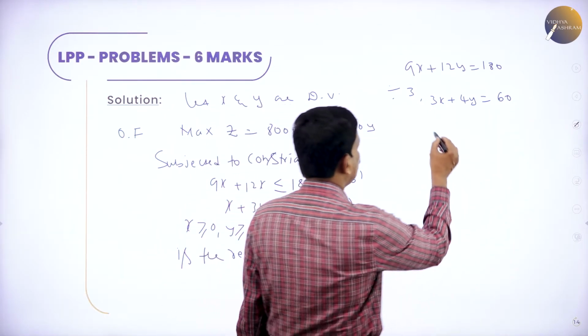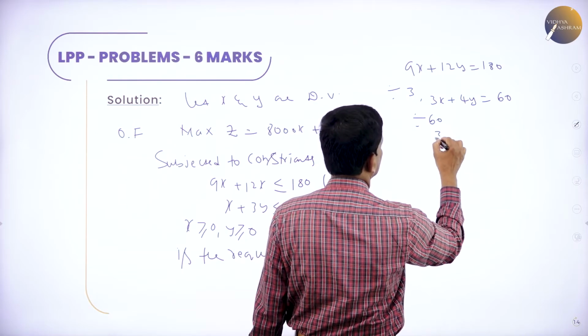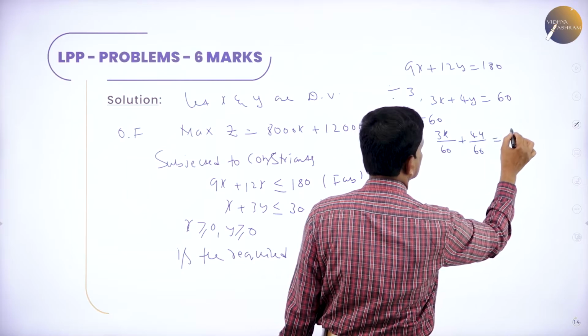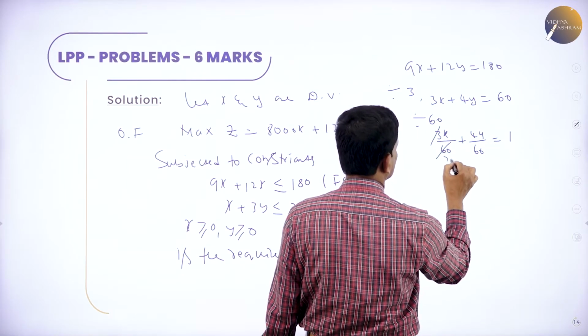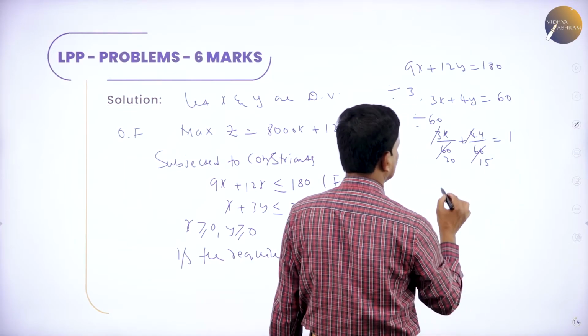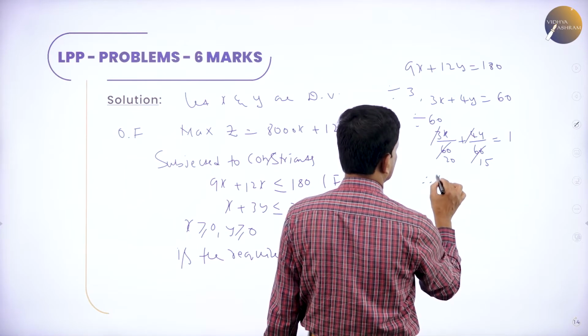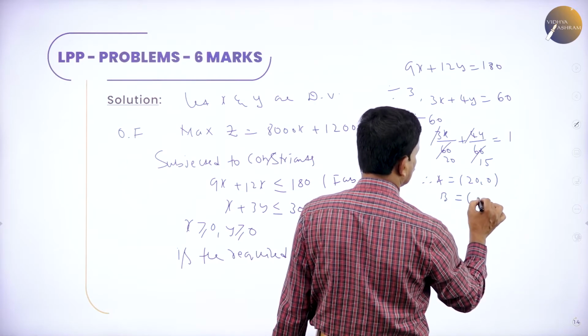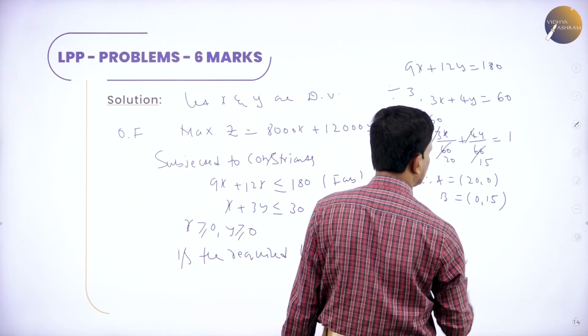Now divide by 60, you will get 3X by 60 plus 4Y by 60 is equal to 60 by 60, so X by 20 plus Y by 15 is equal to 1. Therefore A is equal to 20 comma 0, B is equal to 0 comma 15.